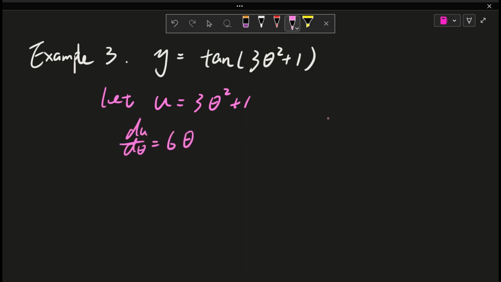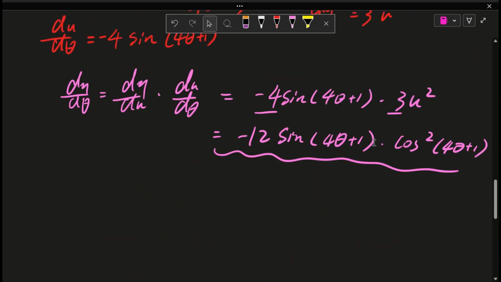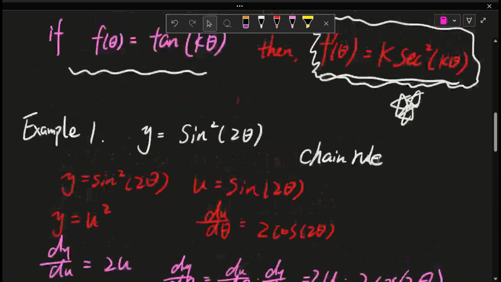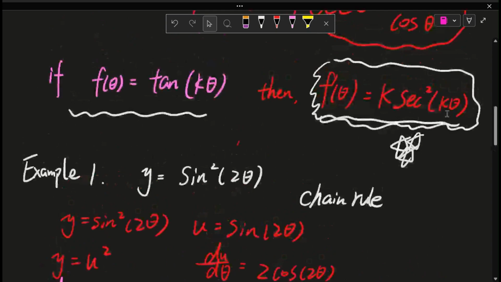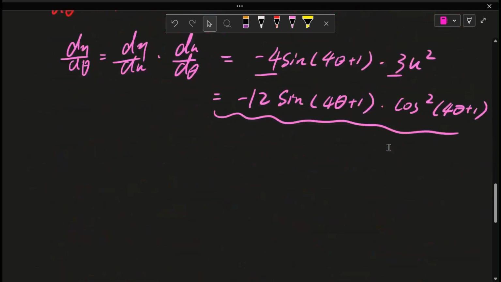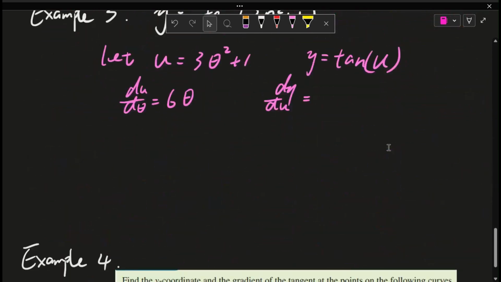Then y equals tan u. So dy du, using the previous knowledge of k sec squared k theta, becomes sec squared u.